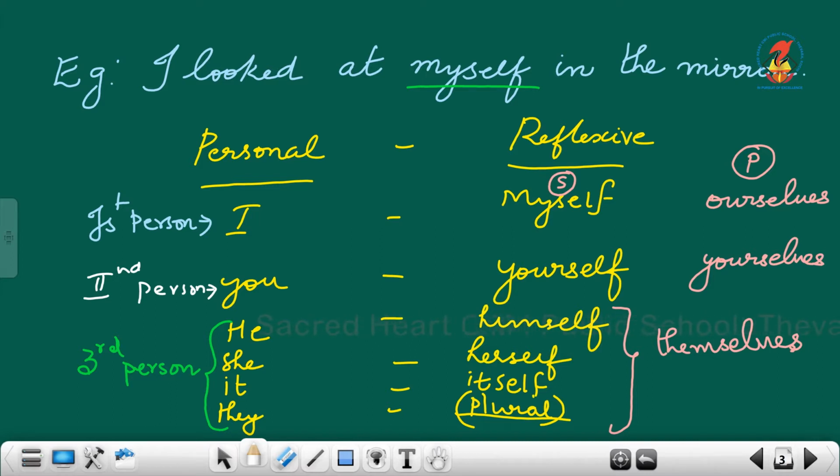I and we in first person, when you change that to reflexive pronoun, it is myself. What is the plural of myself? Ourselves. Then second person you, singular yourself, plural yourselves. And third person he, change that to reflexive, himself.